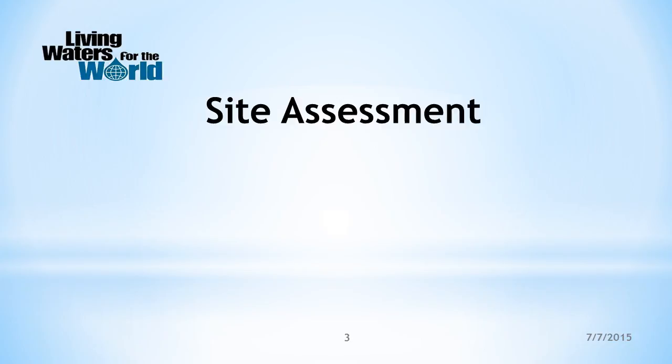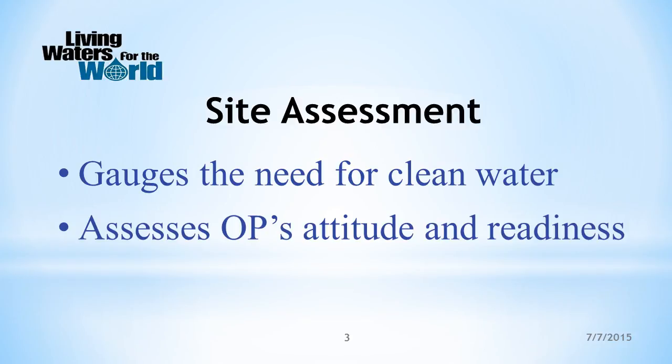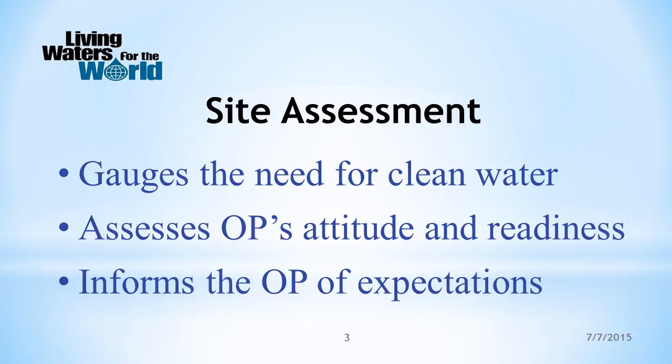To perform a site assessment, the network team will have a member of their in-country staff, such as the in-country director or coordinator, schedule a visit to the site to gauge the area's need for clean water, to assess the potential OP's attitude and readiness to take on a Living Waters for the World project, and to inform the potential OP of the expectations that will be placed on them before, during, and after the installation of a system.